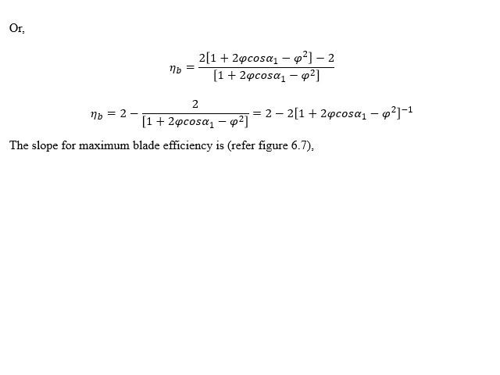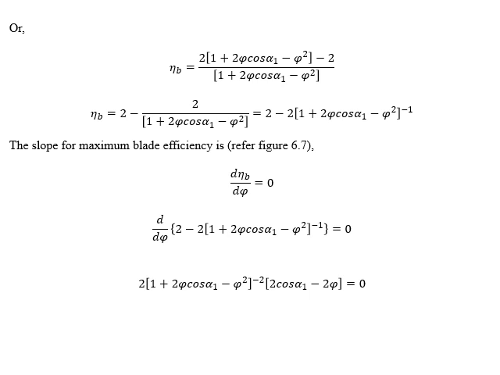For the maximum blade efficiency, we differentiate this blade efficiency expression with respect to the speed ratio and equate it to 0. So d by d phi of 2 minus 2 into (1 plus 2 phi cos alpha 1 minus phi squared) to the power of minus 1 equals 0.